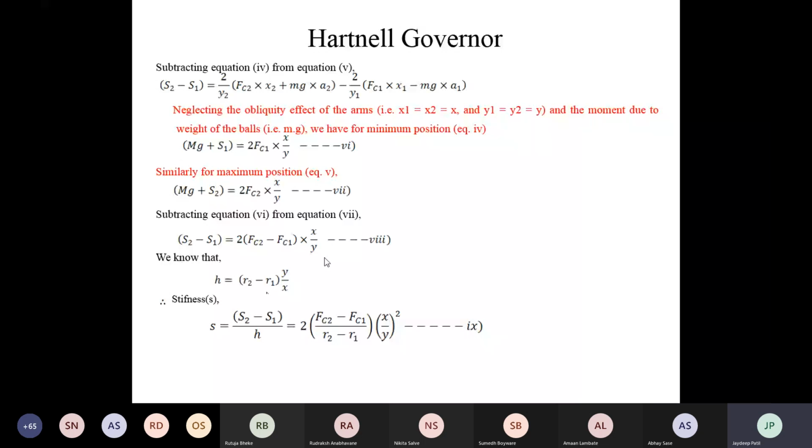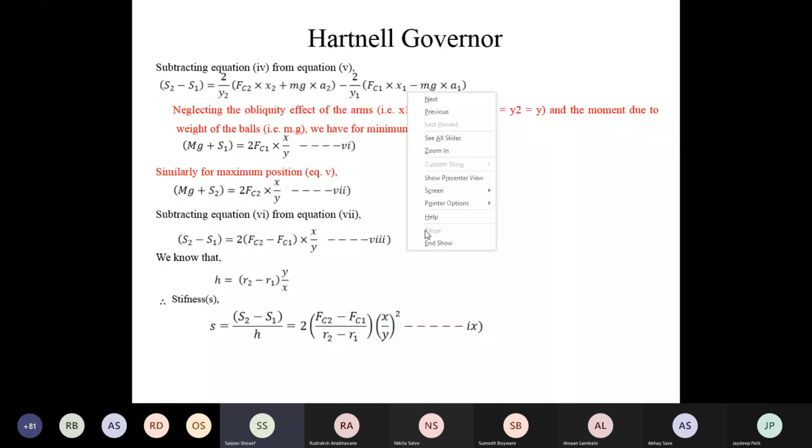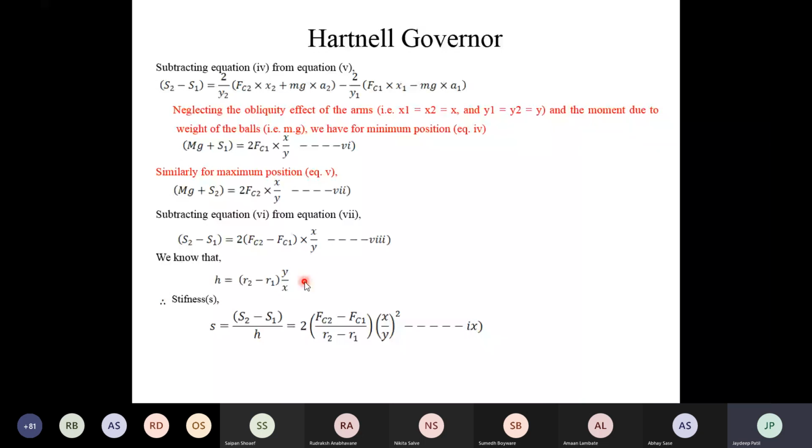Sir, Y is the length of the ball arm and X is the length of the sleeve arm. Y is the length of the ball arm or vertical arm, and X is the length of the sleeve arm or horizontal arm.